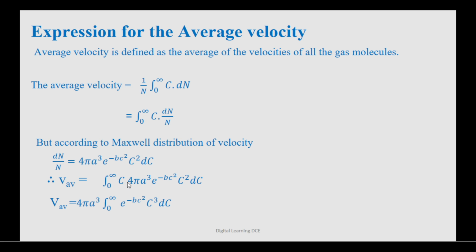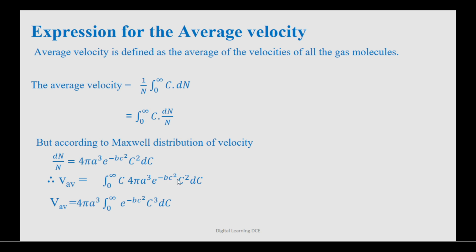On substituting this value in the above equation, we get V average equal to the integral from 0 to infinity of C into 4 pi a cubed e to the power minus b c squared dc. On rearranging the terms, 4 pi a cubed is a constant term, so we write it outside the integral sign.